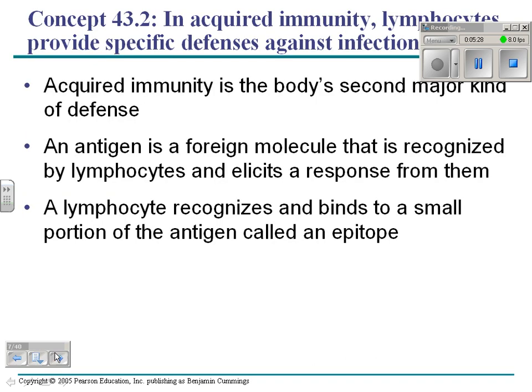So in acquired immunity, lymphocytes, a lymphocyte is a white blood cell, provide specific defense against infection. And this is what we want to talk about. A couple of terms. An antigen is a foreign molecule that is recognized by white blood cells and elicits a response from them. So for example, here's a cell.